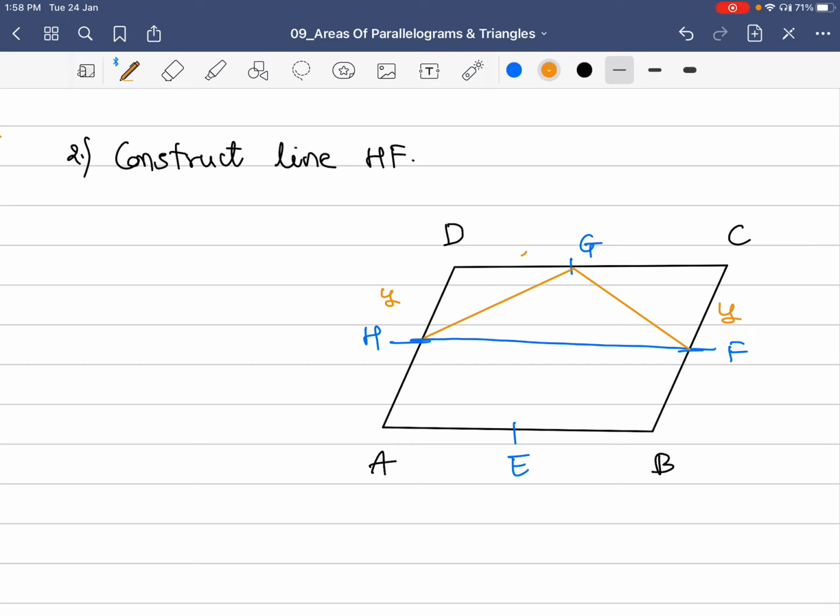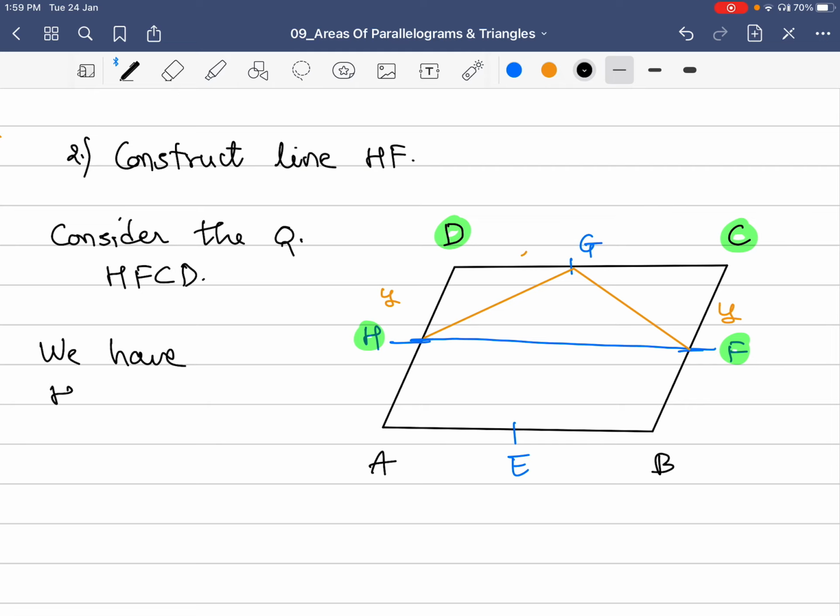Now consider the quadrilateral HFCD. In this quadrilateral we have HD equal to FC.